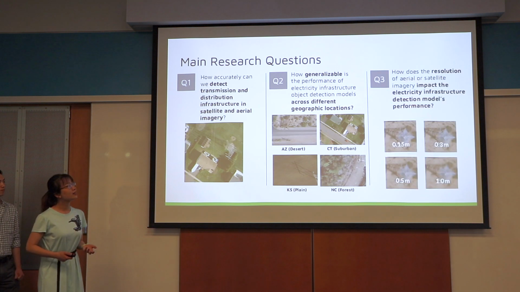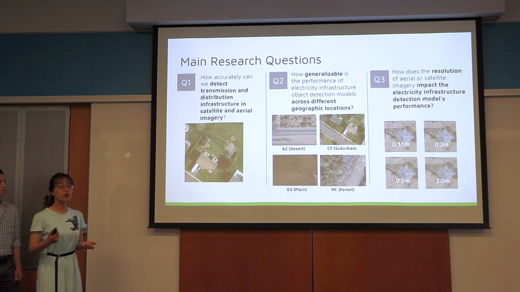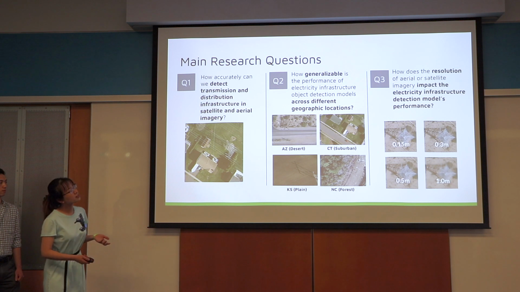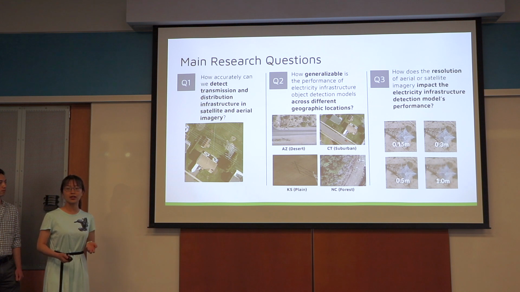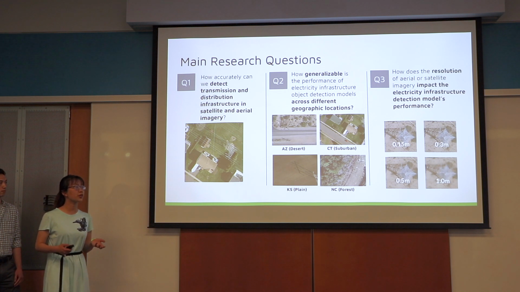And the next problem we may be facing is that we may not have high-resolution images for many parts of the world, and high-resolution images are really expensive to obtain. And here are some examples of what images at different resolutions look like. The 0.15 meter resolution image will be really expensive, while the 1.0 meter resolution image is publicly available.